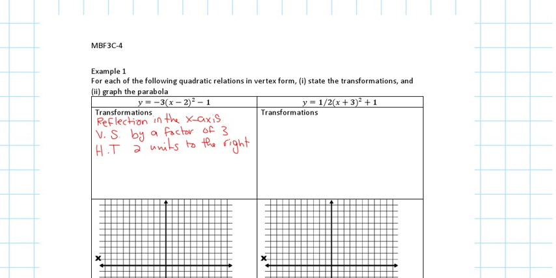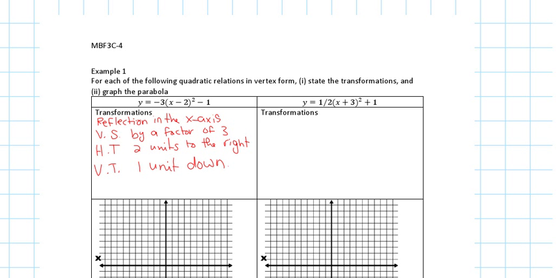Vertical translation, 1 unit down. This one is vertical. You're right. Thank you. Okay, so I stated the transformations. I answered the first part of the question.